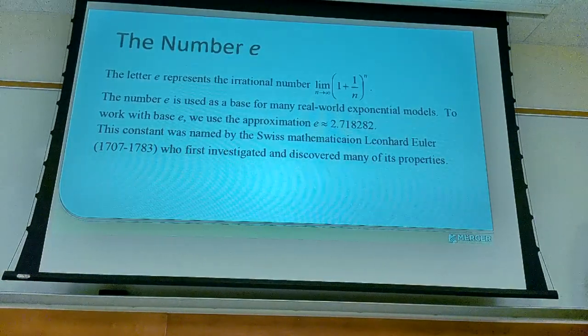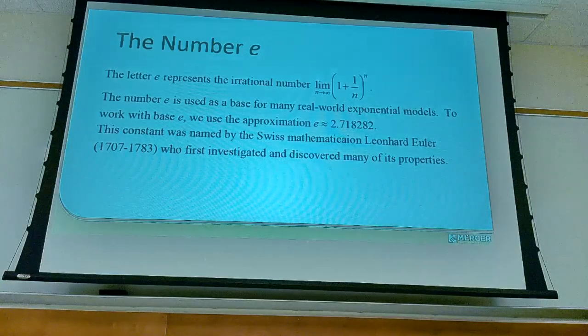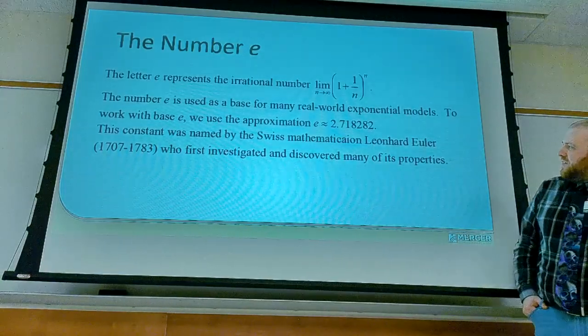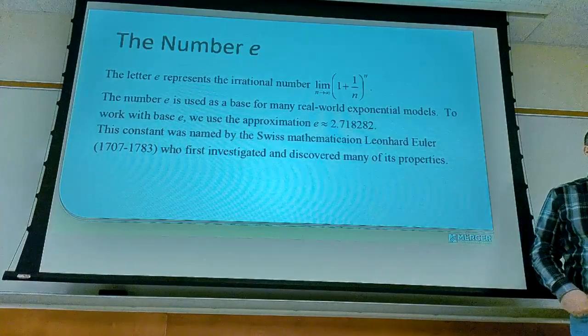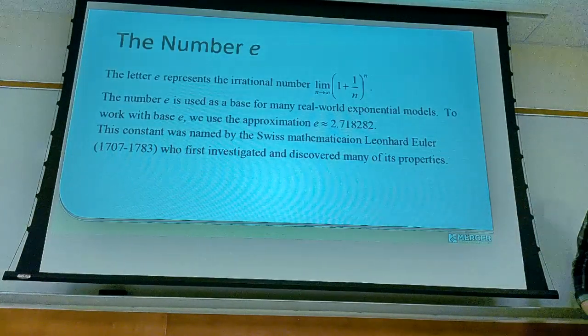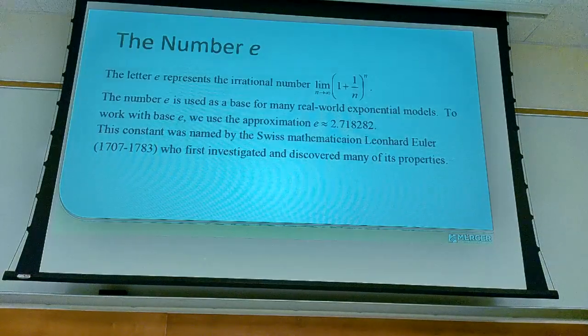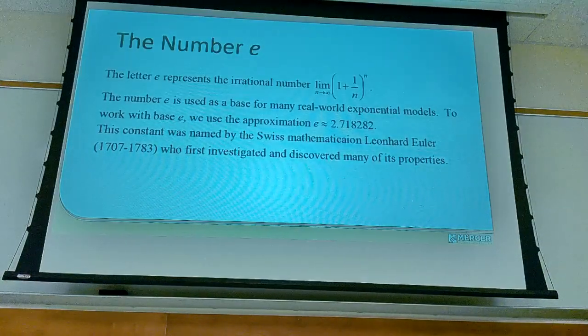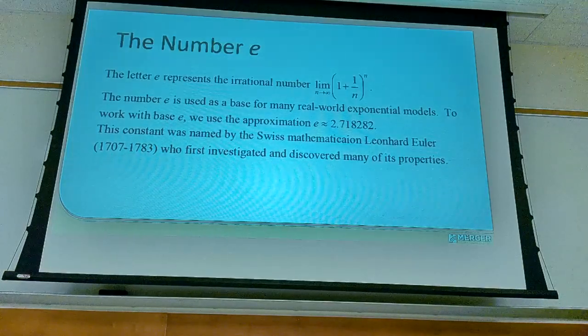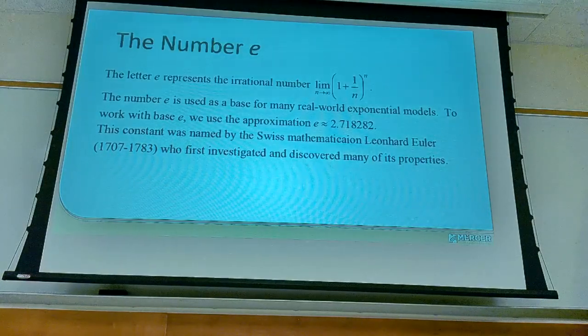This concept was named by the Swiss mathematician Leonard Euler. He was the first to investigate and discover many of its properties. In fact, if math has a god, it would be Euler.